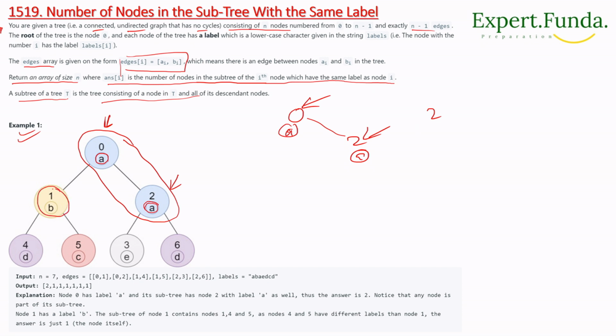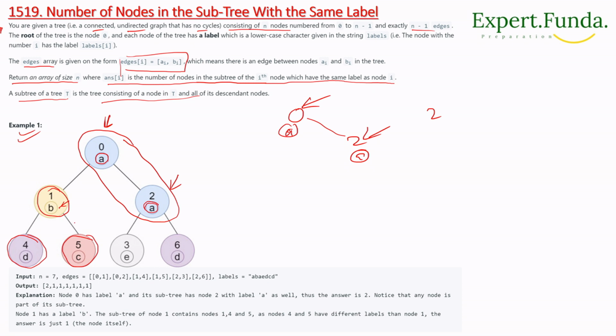So node 1 has label b, so we can look for b at another position. We don't have any other node connected to it that has label b. It is connected but it is independent.